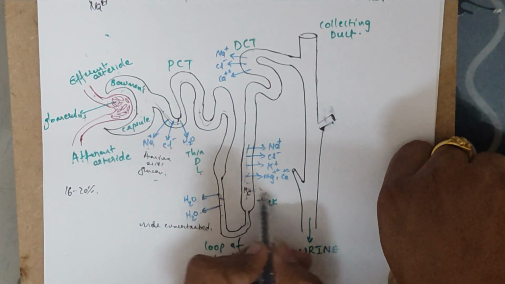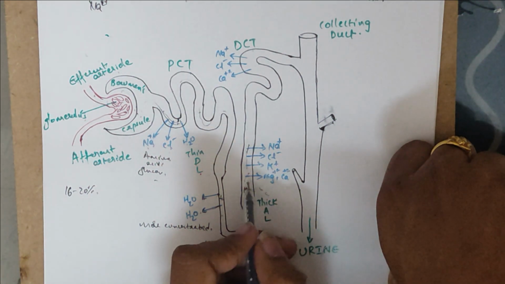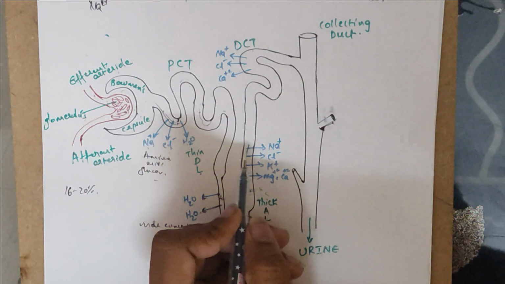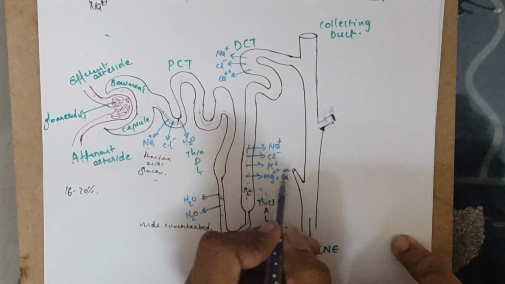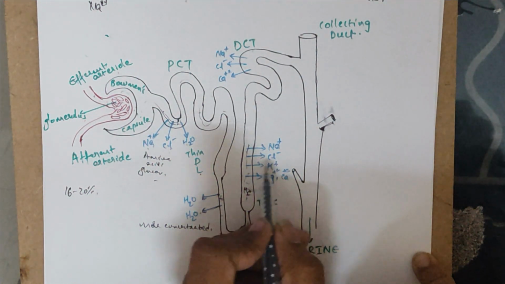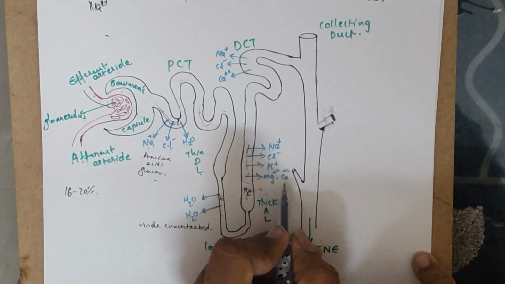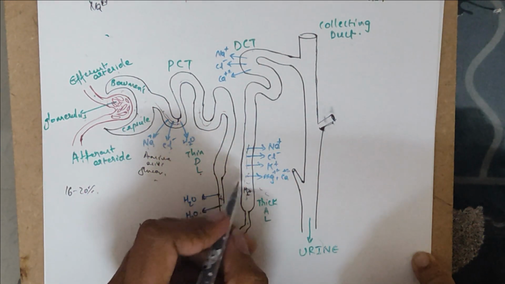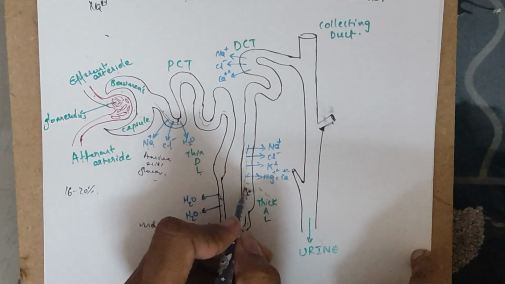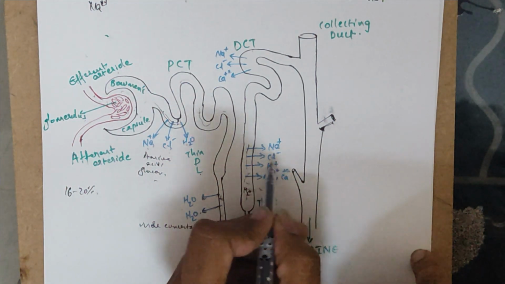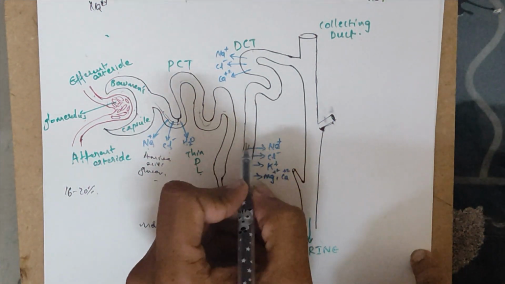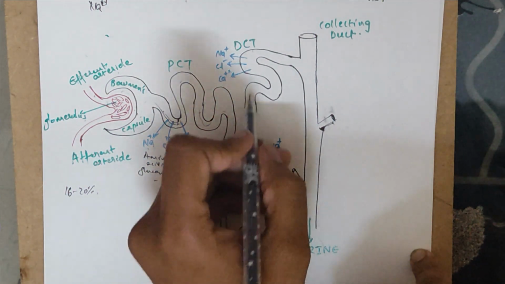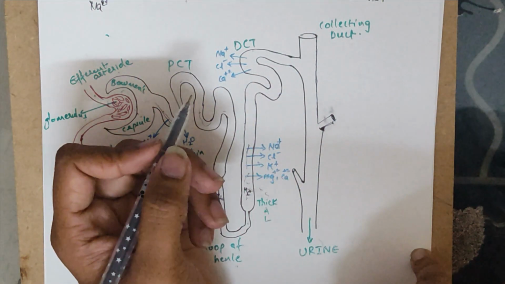Water cannot be reabsorbed into the bloodstream, and it is permeable to ions like sodium, chloride, potassium, magnesium and calcium. As the fluid loses these molecules, it gets hypotonic and it moves to the distal convoluted tubule.